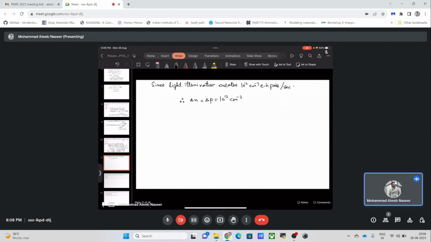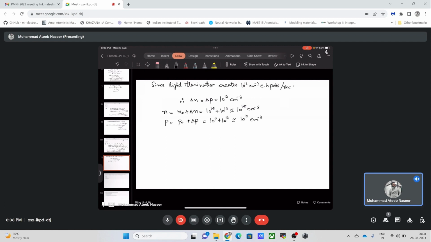We have assumed that the light illumination creates one electron and one hole pair each. So the electron concentration would simply be n naught plus the excess concentration, which is 10 to the power of 16 plus 10 to the power of 12, approximately equal to 10 to the power of 16 per centimeter cube. Now for the holes, it is p naught plus delta p, so it is 10 to the power of 4 plus 10 to the power of 12, approximately equal to 10 to the power of 12.